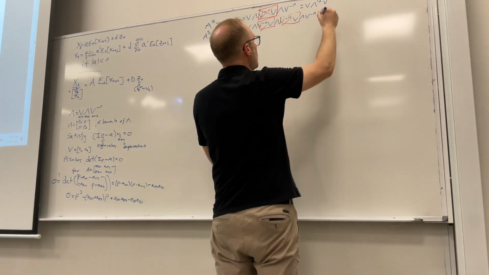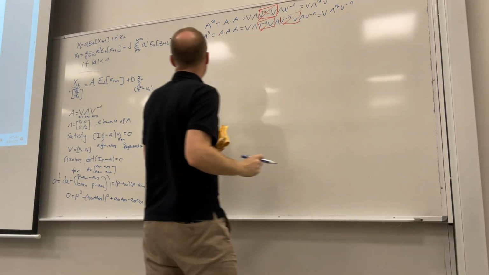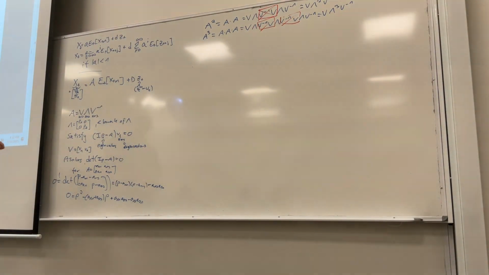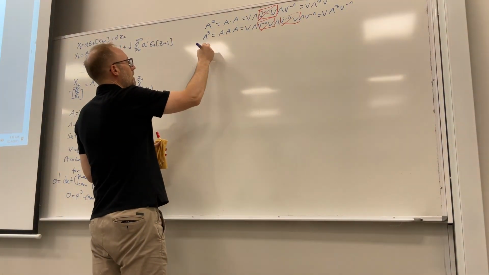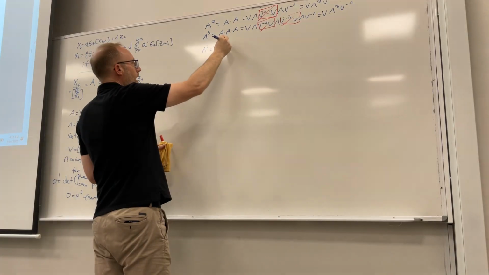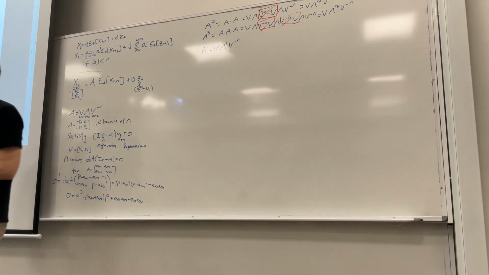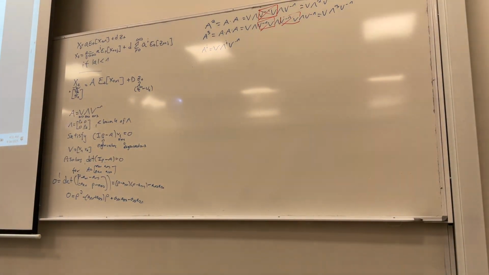And this is simply then V lambda cubed V minus 1. Well, wait a second. How is this any simpler? Now instead of having to figure out what A to the power of j is, we have V and lambda to the power of j. But lambda is also a matrix. How has this helped us?